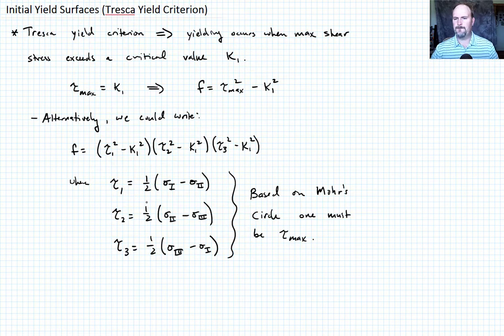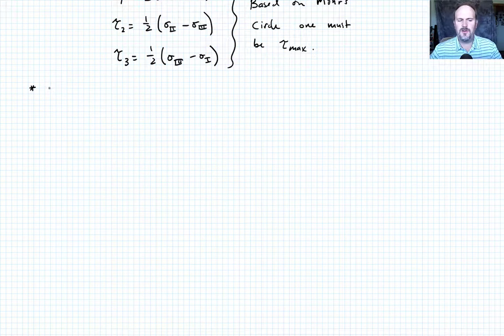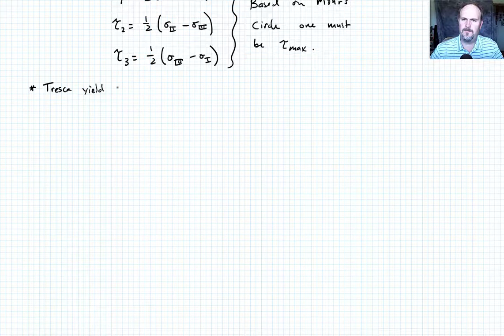Okay? So let's think about then what it looks like if we were to plot the surface. So the Tresca failure surface plots as actually a hexagon in the pi plane. Okay, so the Tresca yield surface gives a hexagon in the pi plane.